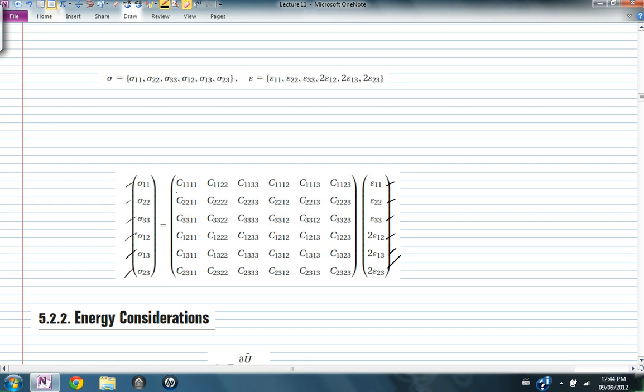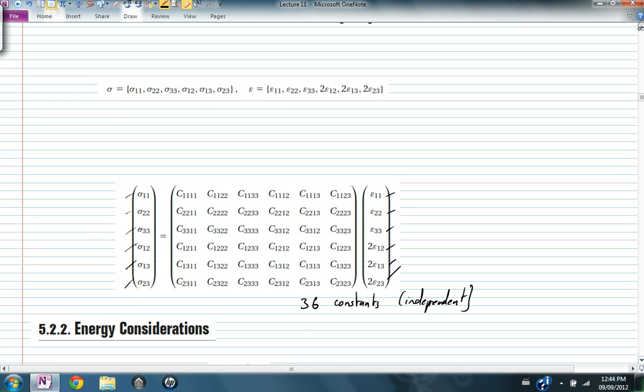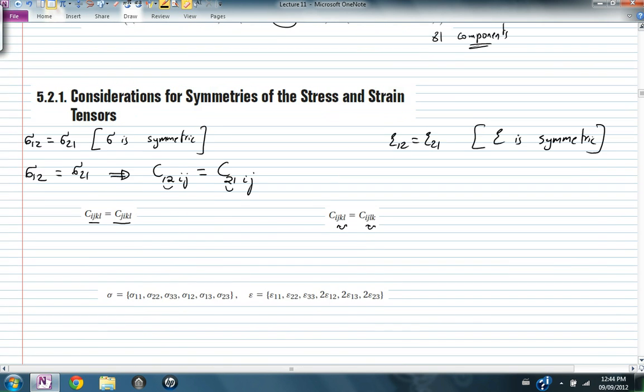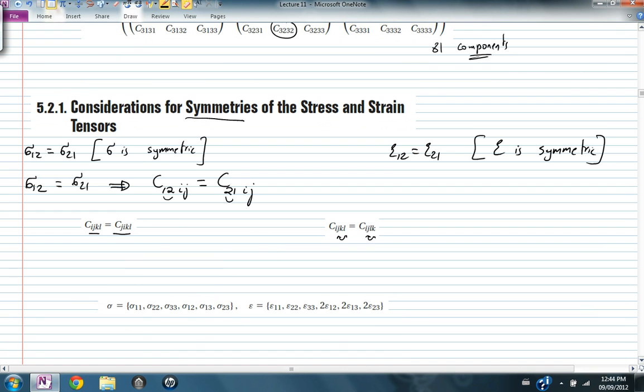So now you can see that you have C1112, but you don't have C1121 because we already know that they're equal. So by adopting this convention, we have now 36 constants which are independent. And this is after considering that the stress and the strain are symmetric.